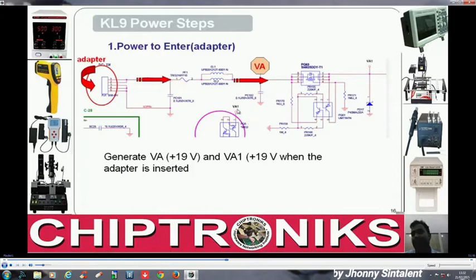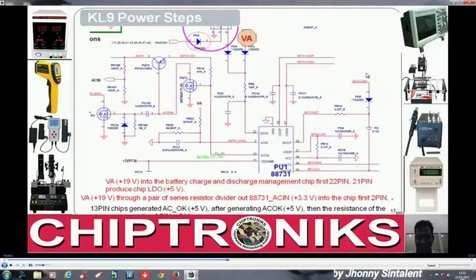But here the input is connected to the drain, and the gate will have no effect, so it will be treated like a diode, and this current will flow across this, and VA1 is generated, right? This VA1 is going to the DC in, and after getting the DC in, the charger IC will generate the LDO voltages, right?